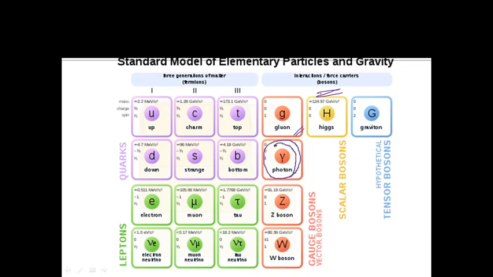So photon is associated with electromagnetic interaction, EM waves. Then you might have heard about gluons or Higgs bosons. They are actually related to the gravitational force, and there are Z bosons and W bosons related to the nuclear interactions. So all these together constitute the standard model of elementary particles.